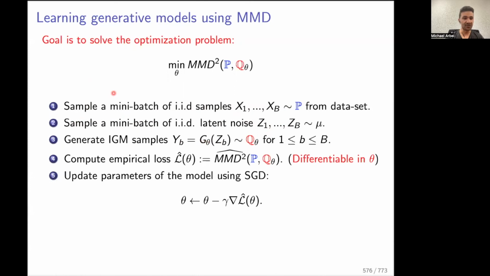And once you've done that, you are given two sets of samples from P and from Q. So we can use these samples to estimate the MMD between the data and the model. And this estimate actually is a function that is differentiable in the parameters of the model. And its gradient can be computed simply by using automatic differentiation. And so you can update the parameters of the model to minimize the MMD just by using this stochastic gradient.